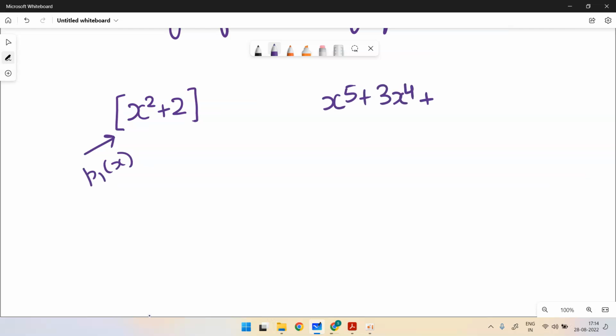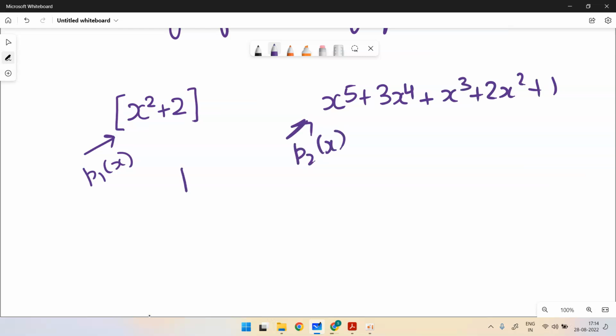Now in the case of polynomials, I want to divide by x^2 + 2. This is my polynomial p1(x), and my other polynomial is x^5 + 3x^4 + x^3 + 2x^2 + 1. This is my p2(x).